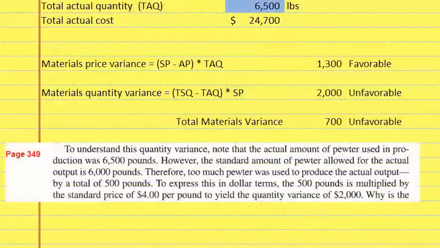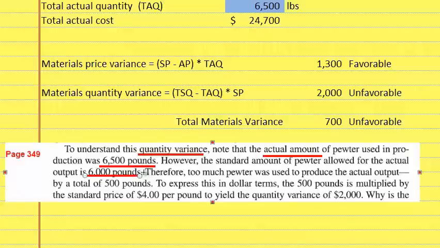Now let's take a look at the book's computation of these variances. On page 349, for the quantity variance, the actual amount of pewter used was 6,500 pounds. However, the standard amount of pewter allowed for the actual output is only 6,000 pounds, our standard quantity. Therefore, too much pewter was used to produce the actual output by a total of 500 pounds.